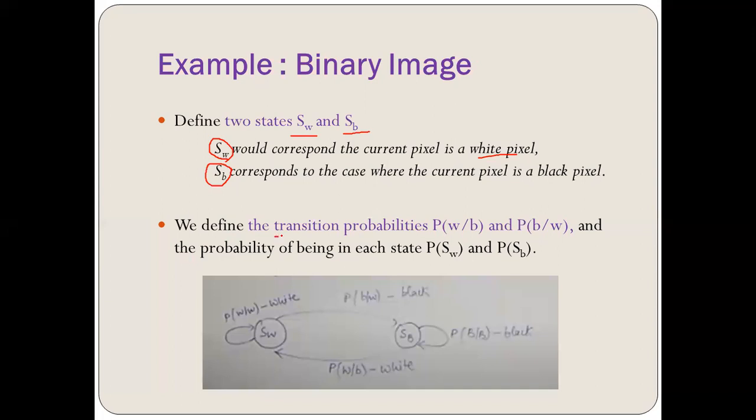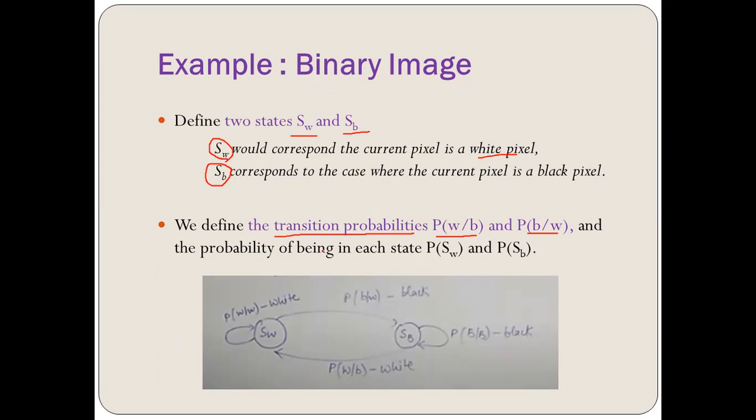Now, what is the transition? Let's say the transition probabilities will be P(W|B) or P(B|W). What does this mean? This means the probability of a white pixel coming after a black pixel, and this is the probability of a black pixel coming after a white pixel.